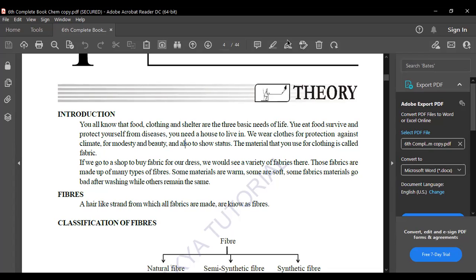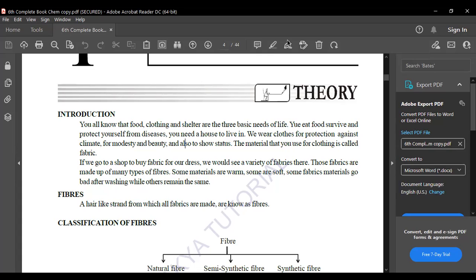The material that you use for clothing is called fabric. If we go to a shop to buy fabric for our dress, we would see a variety of fabrics there.